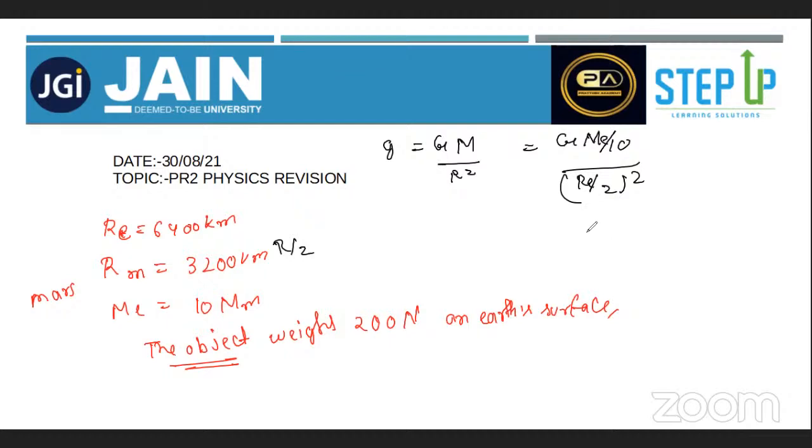When you substitute this, you get g equal to 5/2 times g on Earth, so g dash, this is basically on Mars. Once you have the g value, you can find the weight. Weight will be mg dash. So it will become 200 times 5 by 2, so this will become 80 Newton. So everything interrelates to the g value.